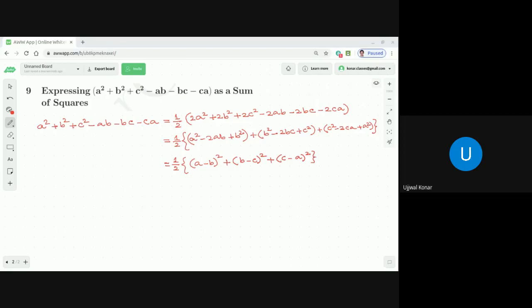So what we achieve is something like this: a square plus b square plus c square minus ab minus bc minus ca is equal to 1 by 2 into (a minus b) whole square plus (b minus c) whole square plus (c minus a) whole square.